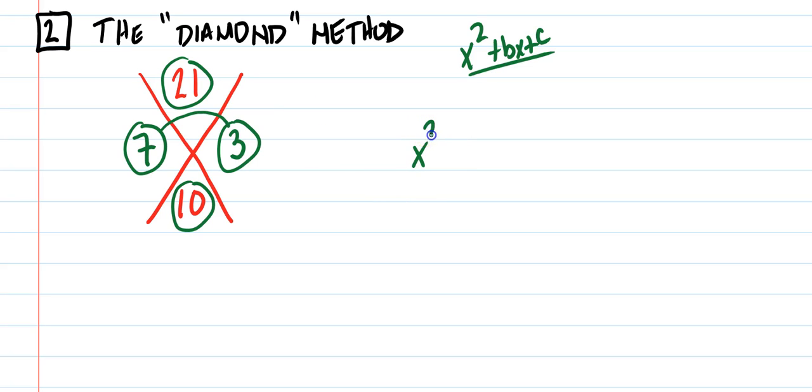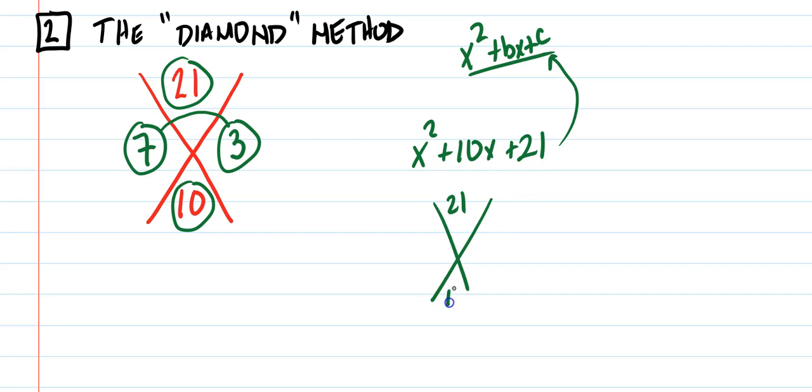So as an example, if I gave you x squared plus 10x plus 21, notice that it's in the form of x squared plus bx plus c, where b represents 10 and c represents 21. I can take the last number, 21, and put it in the top of my diamond. So this is how I'm going to do these. I'm going to do 21 here. I would do 10 down here.